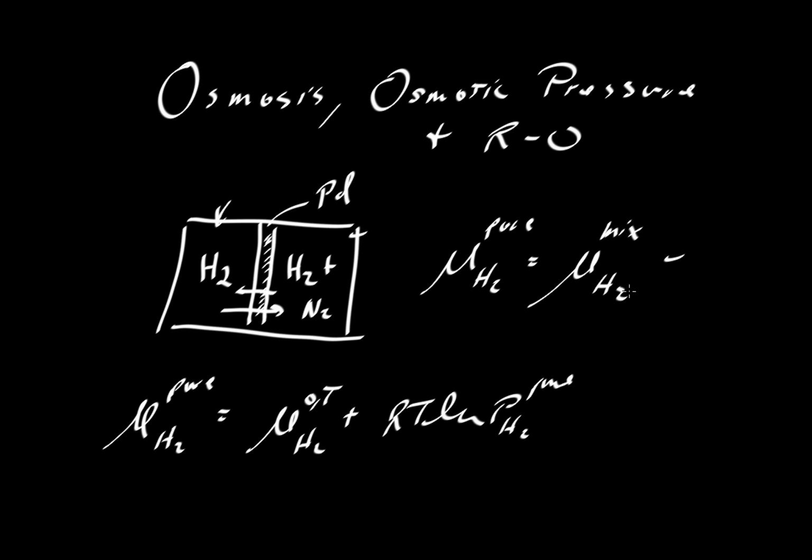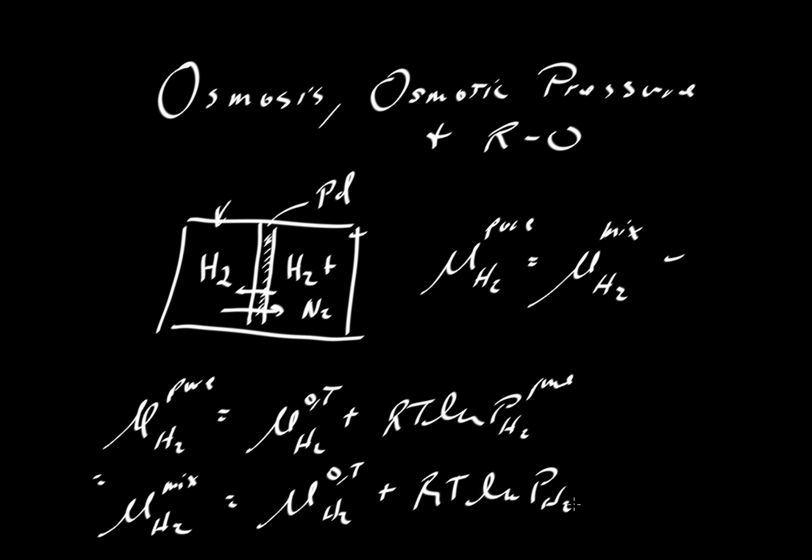And then by a similar token, the chemical potential of H2 in the mixture, which must be equal to this fellow on the left-hand side, will also be equal to the chemical potential of H2 of pure stuff at a given temperature, plus RT ln pH2.